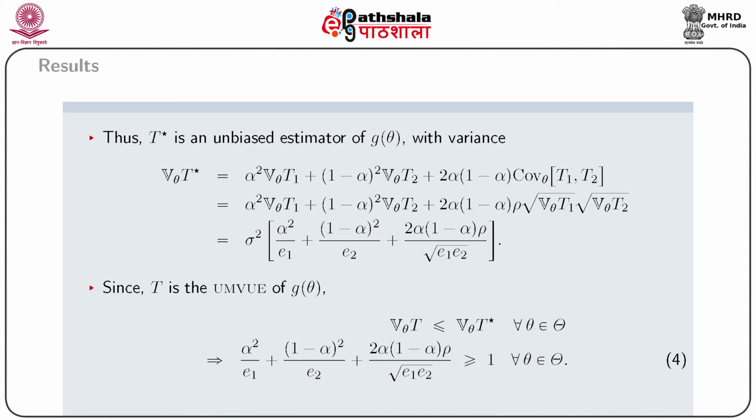Since T is the UMVUE of g(theta), variance of T is less than or equal to variance of T star for all theta, which implies alpha square by e1 plus (1 minus alpha) whole square by e2 plus 2 into alpha into (1 minus alpha) into rho into square root of (1 by e1) into (1 by e2) is greater than or equal to 1.